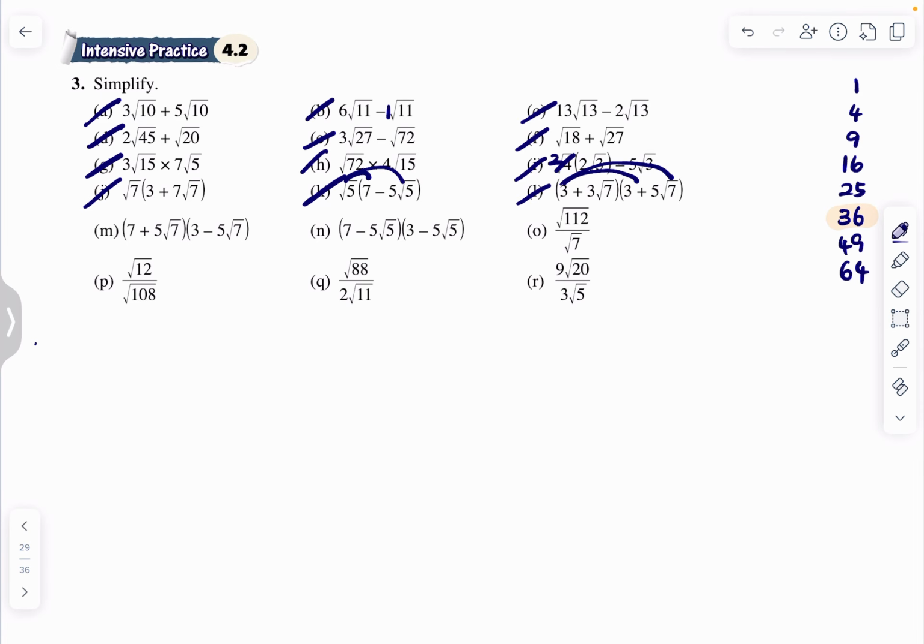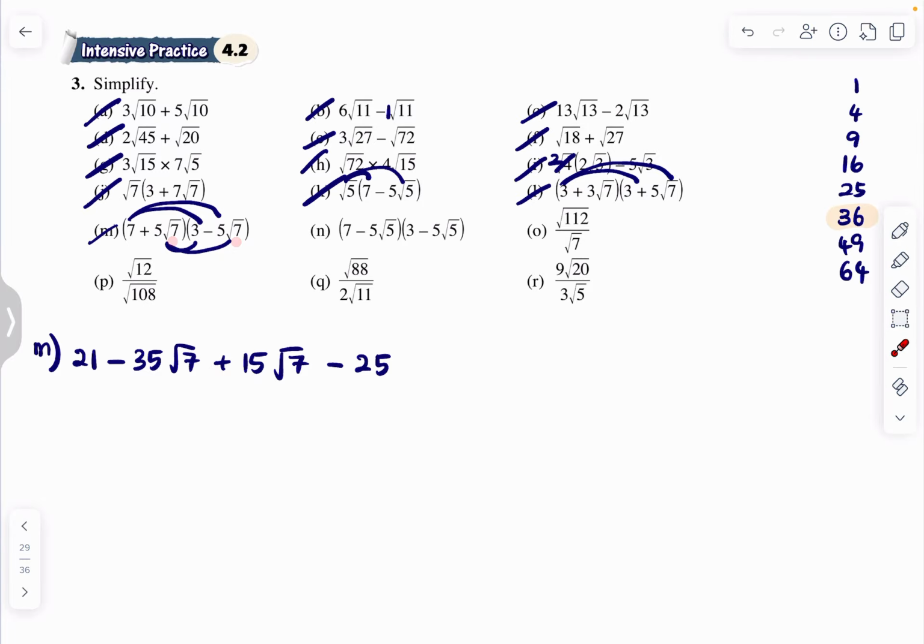All right. M. 7 times this, we get 21. 7 times this is 35 surd 7. And then this times this will be 15 surd 7. This times this is negative 25. 5 times negative 5 is 25.